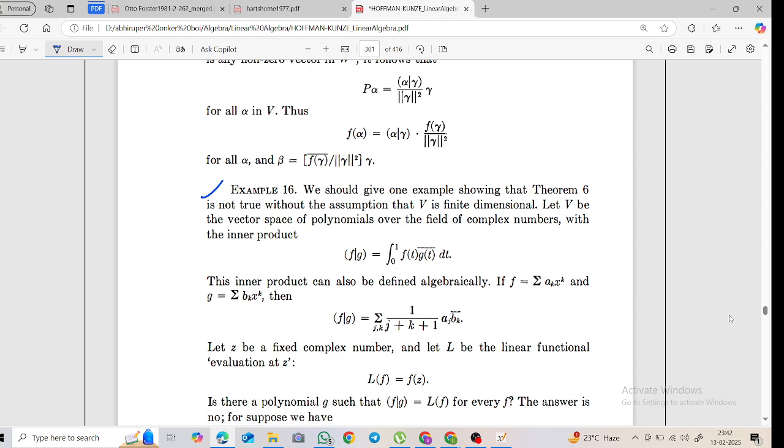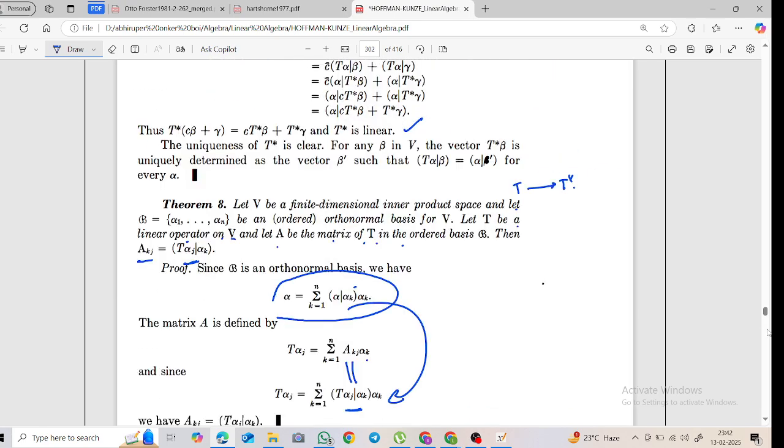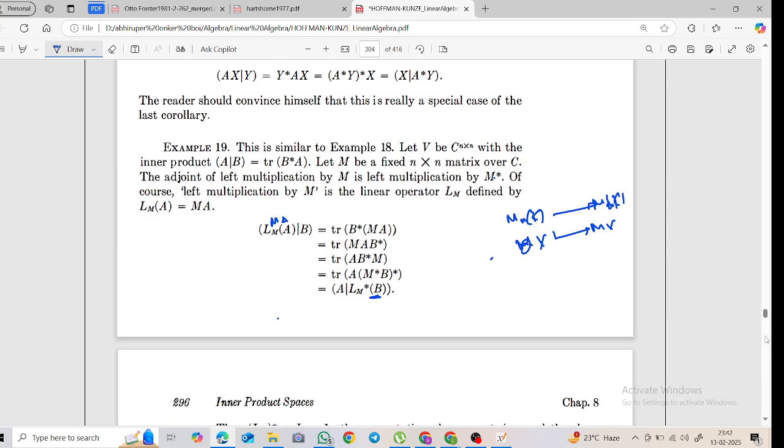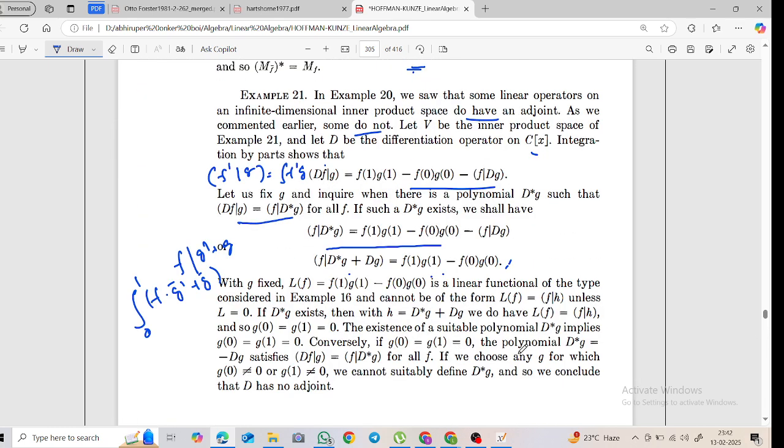So it can't have an inner product, I mean, have an operator, I mean, have an adjoint. If we choose any g for which this is not equal to 0, so existence of a suitable polynomial D star g implies g(0) equals g(1) equals 0.